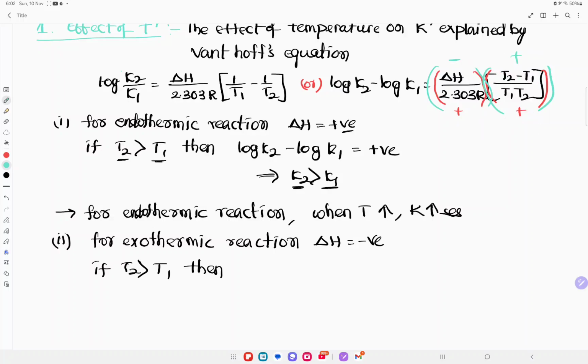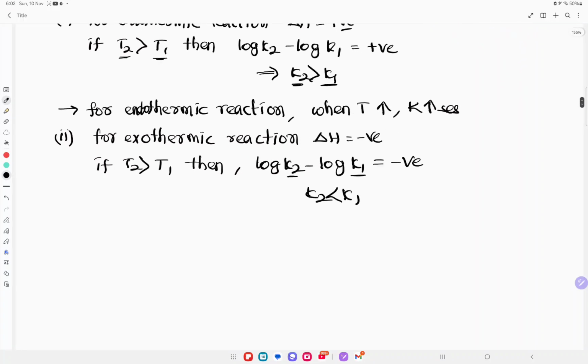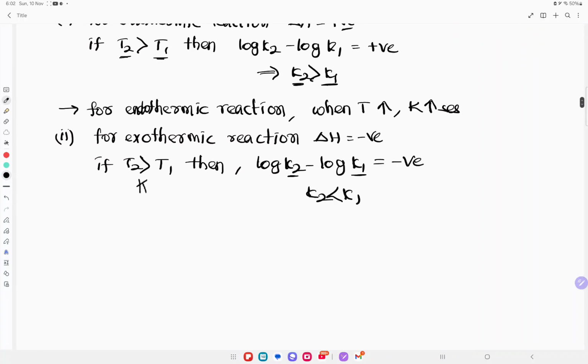Plus into minus is minus. Then log K2 minus log K1 is negative. That means low value minus high value is negative. So K2 is less than K1. See here, if T2 is greater than T1, K2 is less than K1.